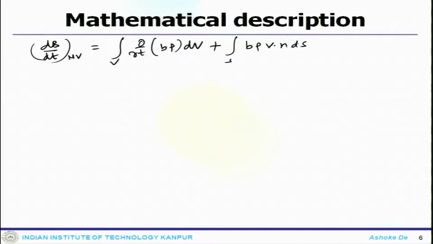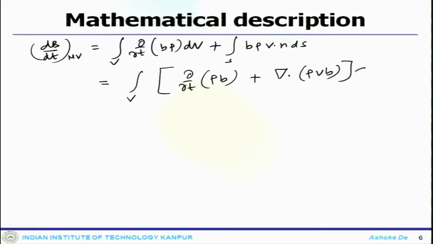Now, you apply the divergence theorem. So, if you apply the divergence theorem, I can write these things as del/del t of rho b plus del dot rho V b dV. Okay.